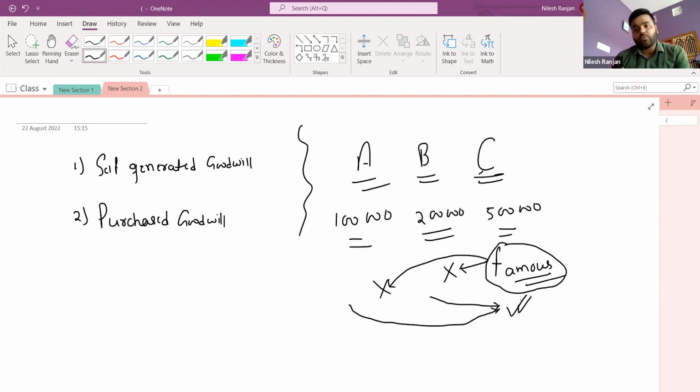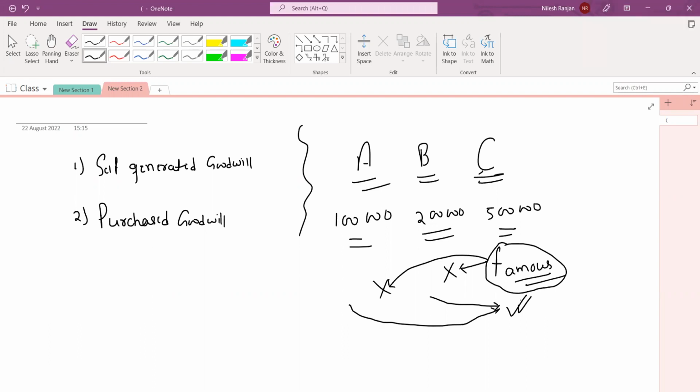So A and B's customers will come to C's shop. So C became famous. It is goodwill of C that C can sell more items than A and B.